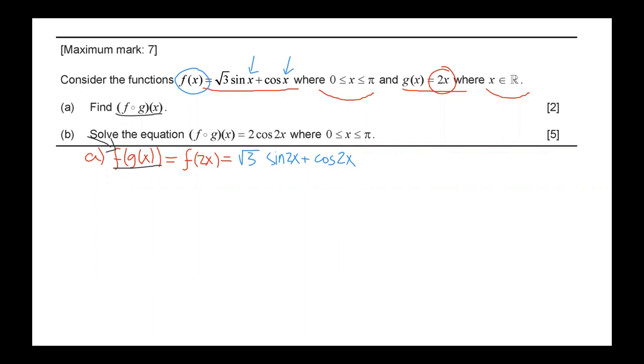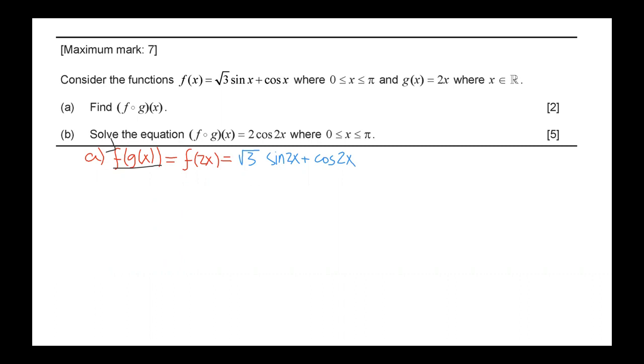So let me first clean up a bit. Now for B, we're required to equate the value we found in A with 2 cosine 2x.